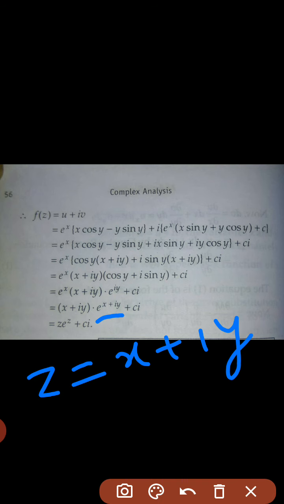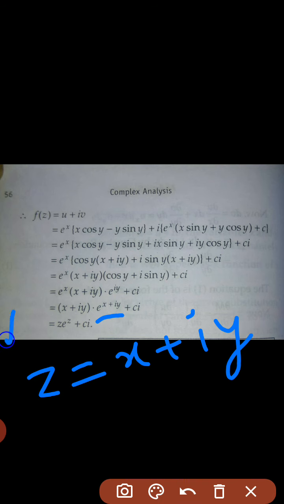So this will give the value x plus iy. Now e to the power iy and then here x, so we just combine these values. We are getting here e to the power x plus iy and then plus ci. So this will give z e to the power z plus ci, where z equals x plus iy.